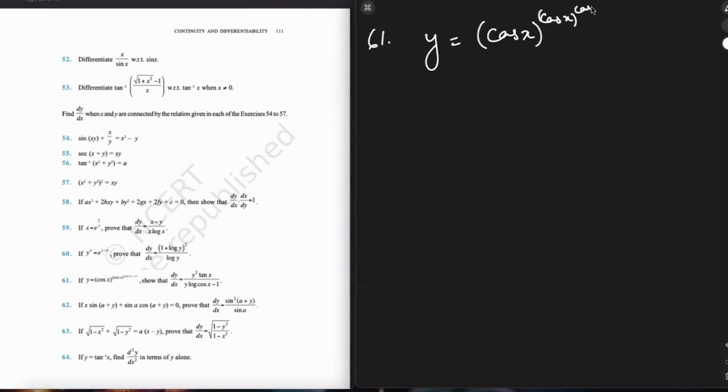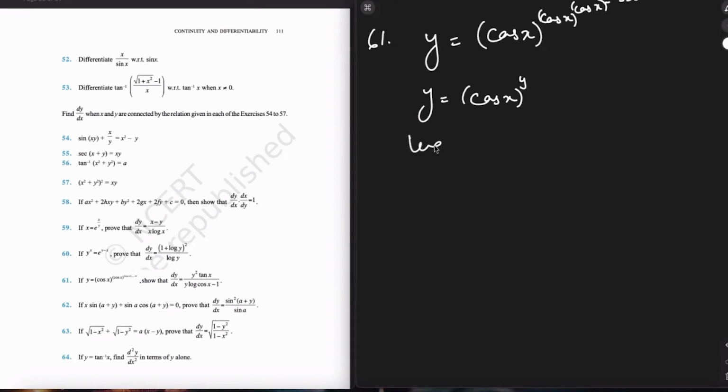of cos and so on. So can you write it like this? If it is going till infinity, we can definitely write it like this. Then I'll ask you to take the log of it.